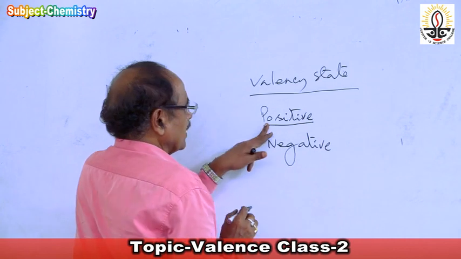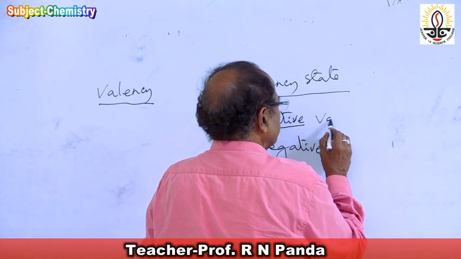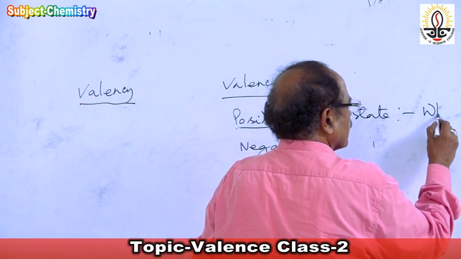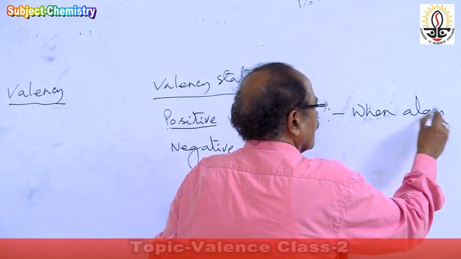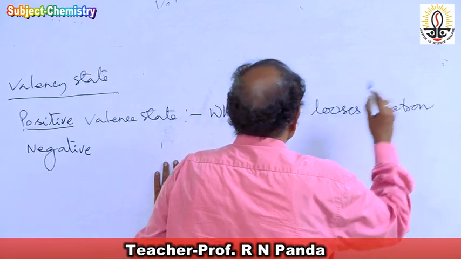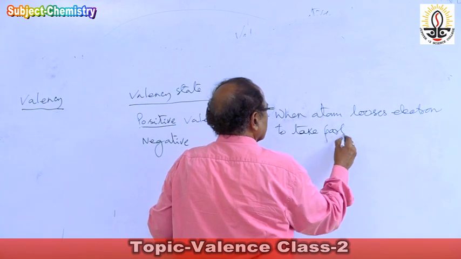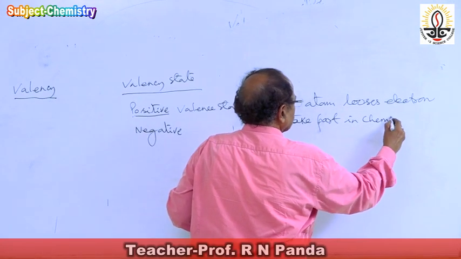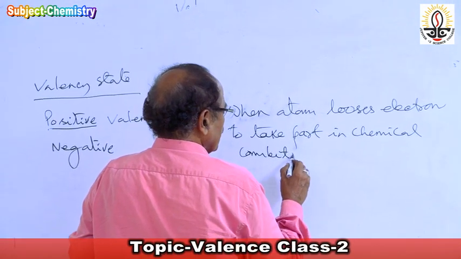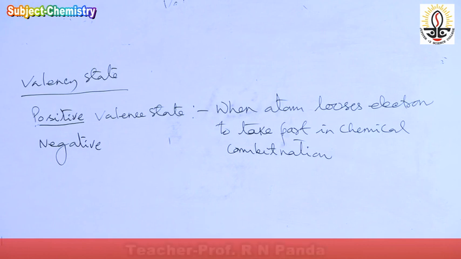When the valency state is positive, the atom loses electrons to take part in chemical combination. So this is the positive valency state.